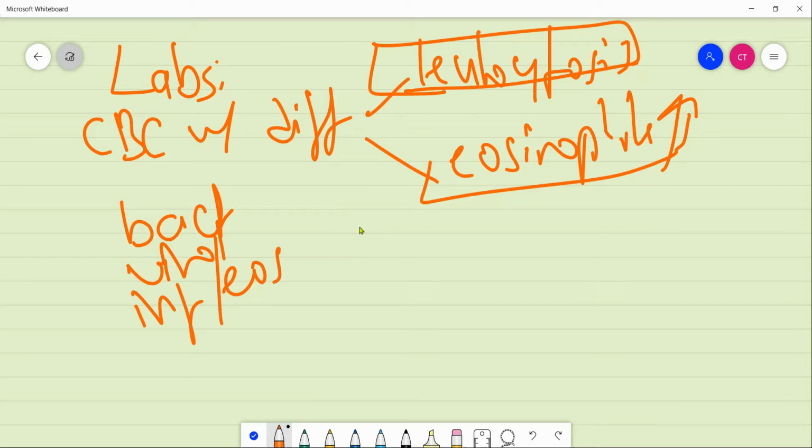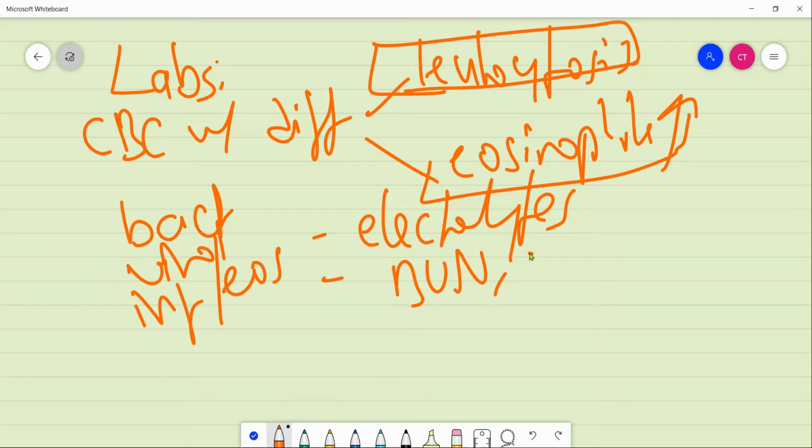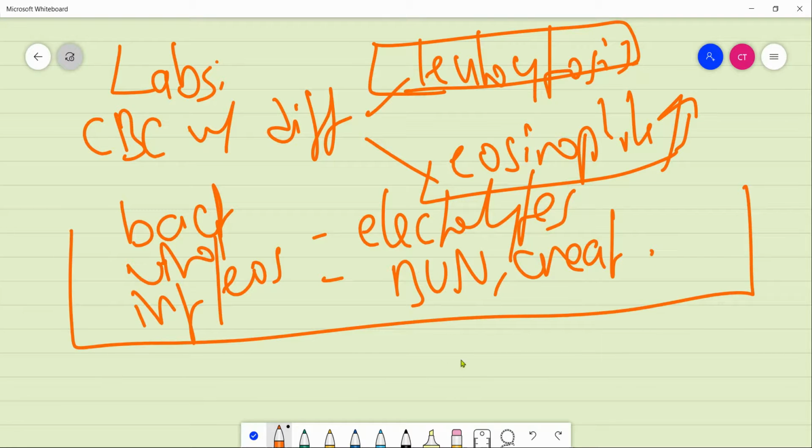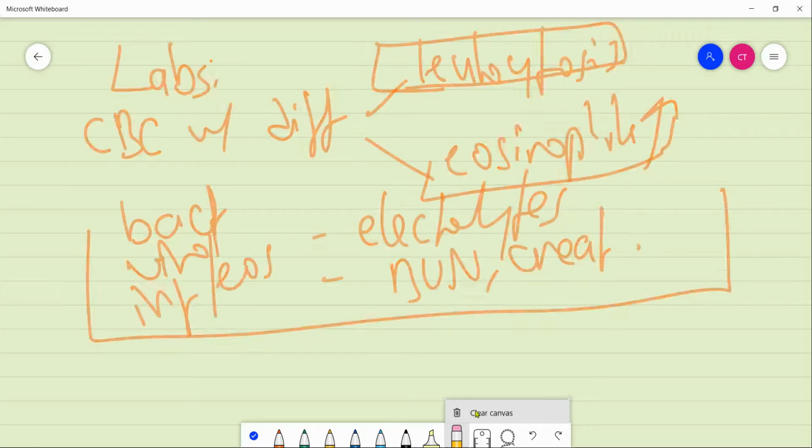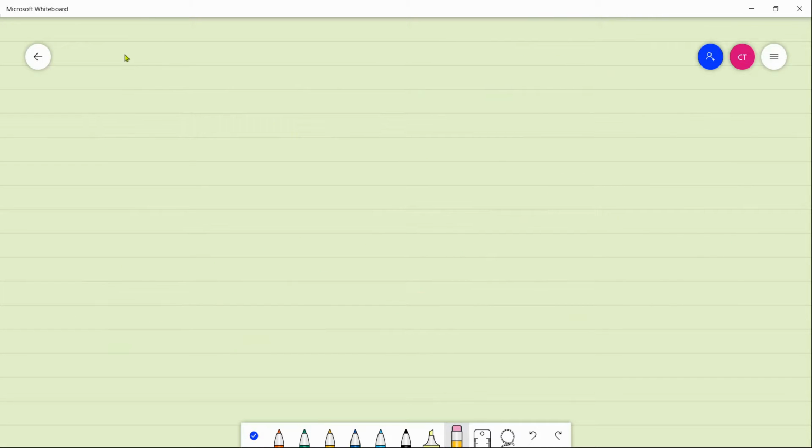The second one is, of course, electrolytes and also BUN, creatinine, so the renal function tests. So, okay, these are pretty straightforward. But what I want to talk about is a bit of a controversial aspect, which is C-reactive protein and procalcitonin.